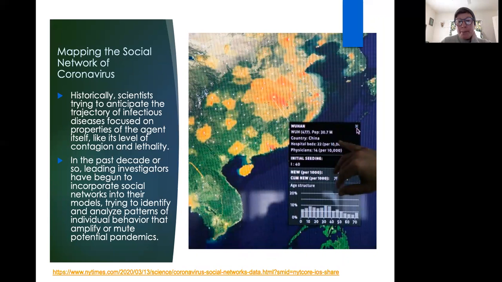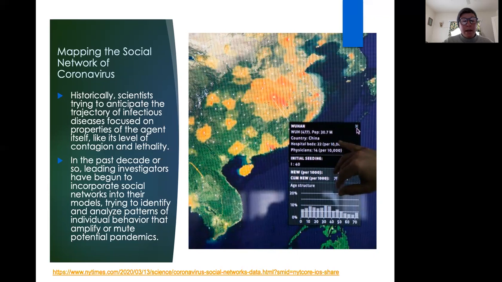So this is a picture from the New York Times article I posted, mapping the social network of coronavirus. It's an interview with a gentleman who works for a modeling company that's thinking about social networks of how people move, interact, and travel, to help think about how this disease is moving through our population.